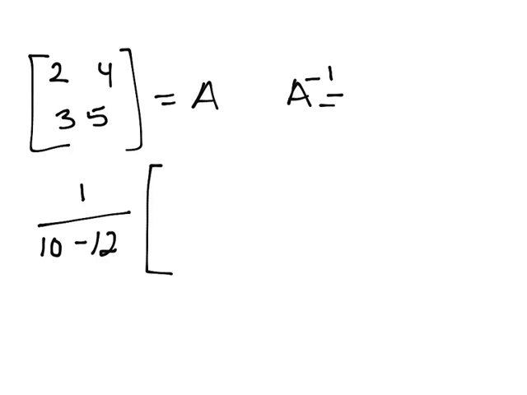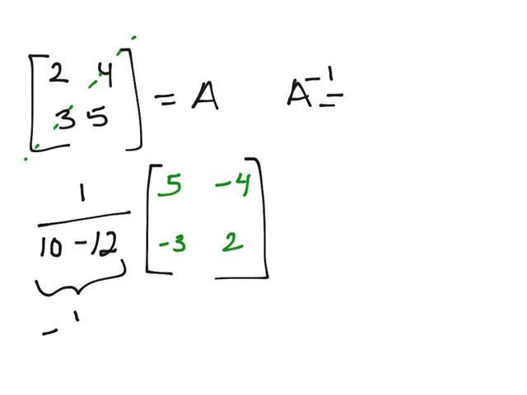And then we will multiply this by the matrix, and remember we have our imaginary mirror right here. So it's going to be 5, negative 4, negative 3, and 2. We will multiply this matrix times the scalar right here.